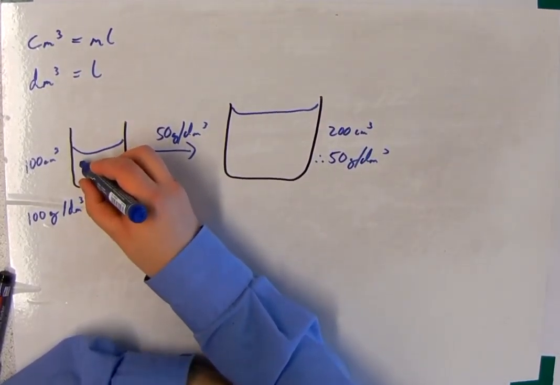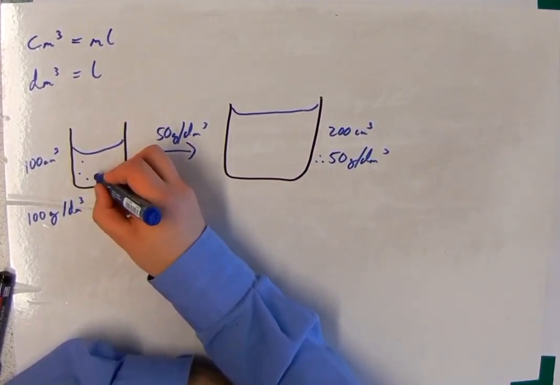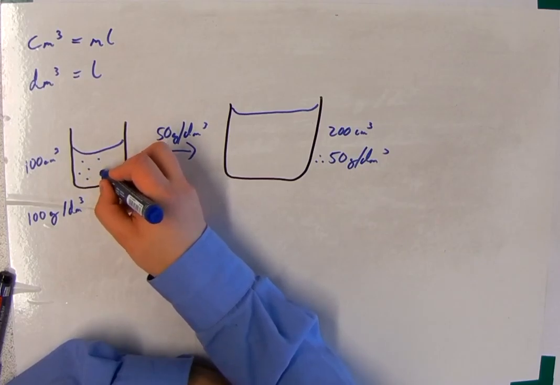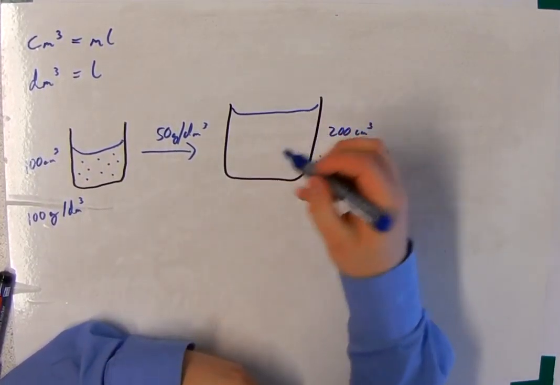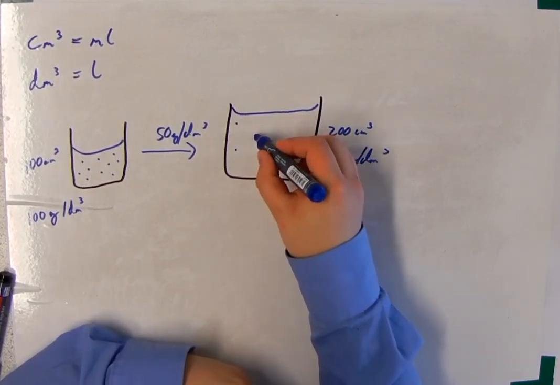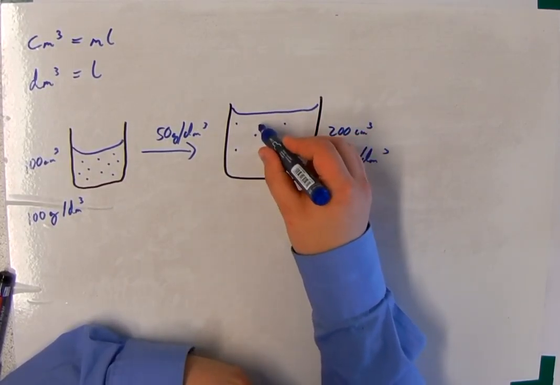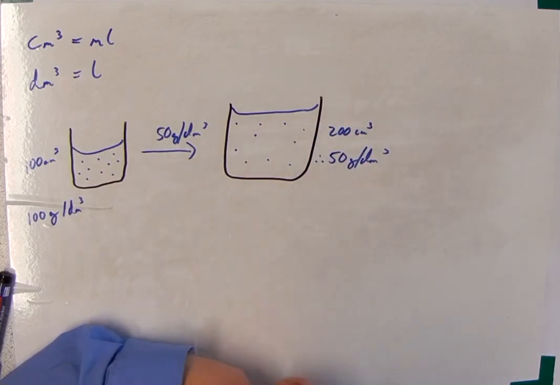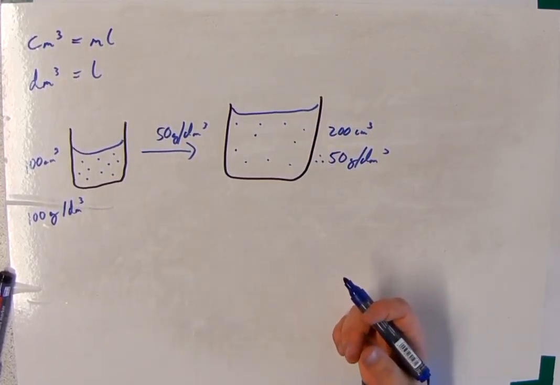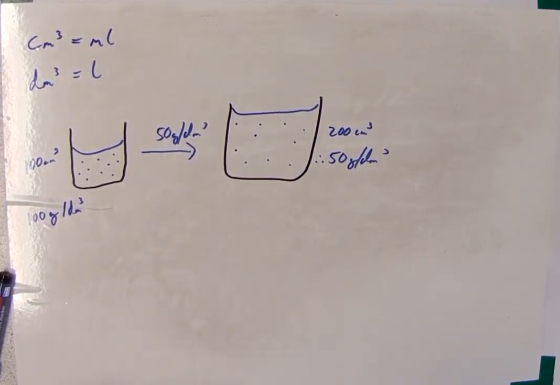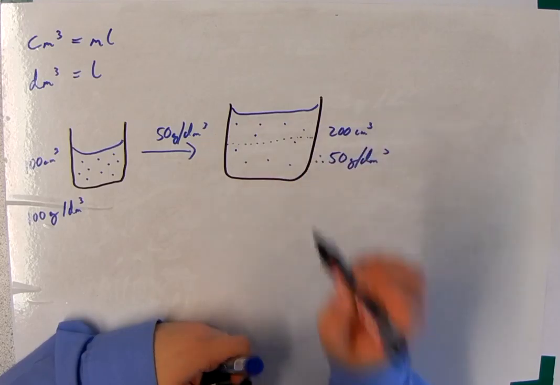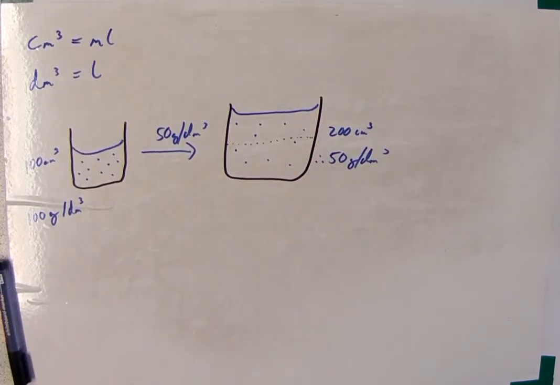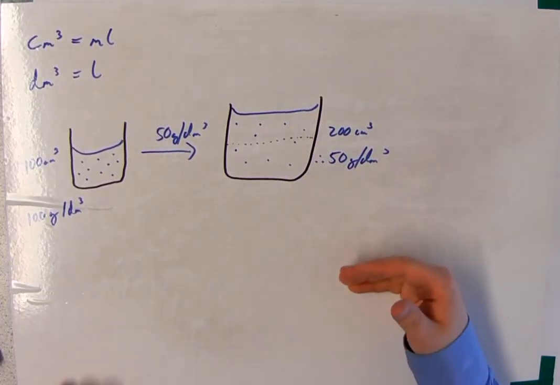So let's represent that 100 with 1, 2, 3, 4, 5, 6, 7, 8, 9, 10. We've still only got 10 spots, but they're in twice as much volume. So if I were to take half of that volume, there'd be 5 in each, half the concentration.